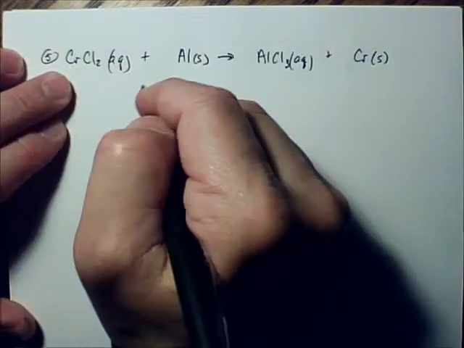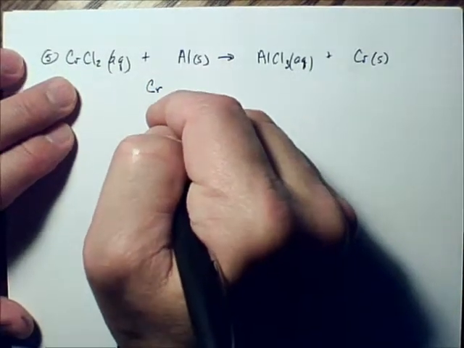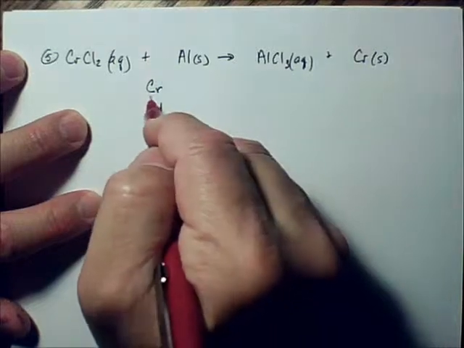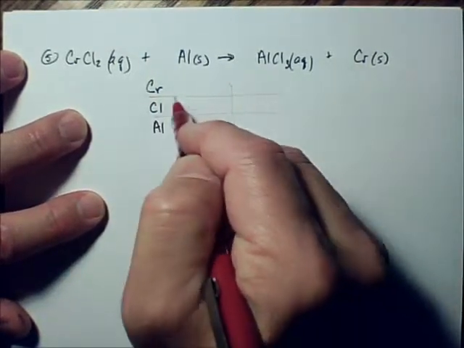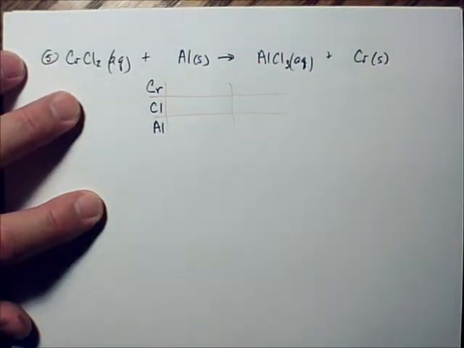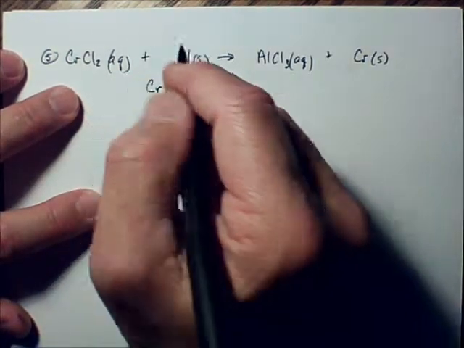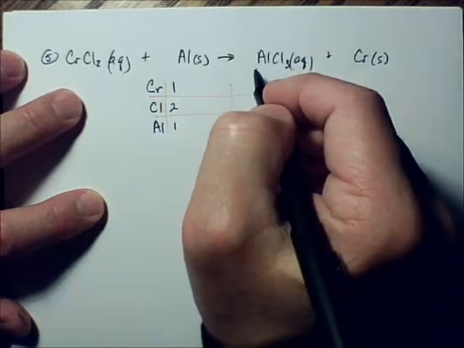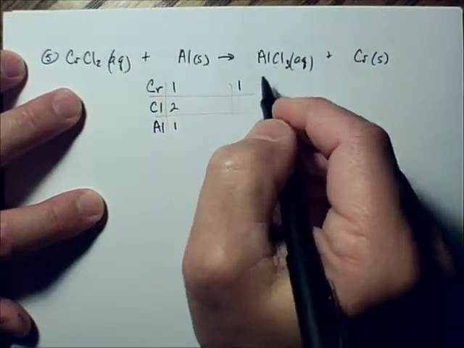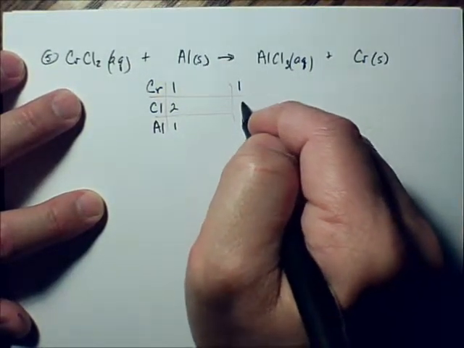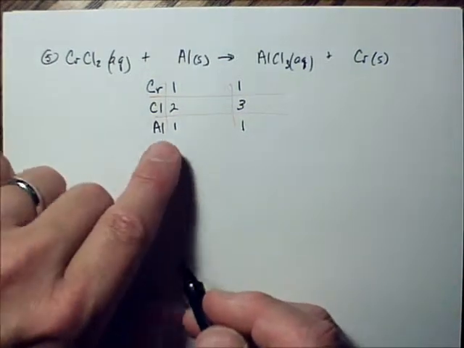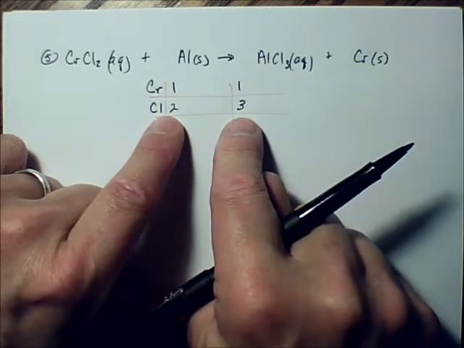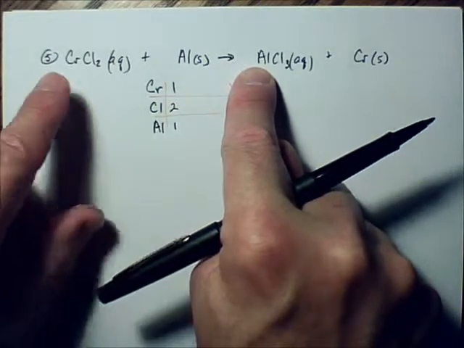Alright, so let's count up all our atoms and do the atom inventory. Chromium, chlorine, aluminum. Make the atom inventory grid here. Count everything. 1 chromium, 2 chlorines, 1 aluminum. Over here I've got 1 chromium, 1 aluminum, and 3 chlorines. If I've got 2 chlorines on this side and 3 on this side, the only way to get those to work out is if I put a coefficient 2 here and a coefficient 3 here.